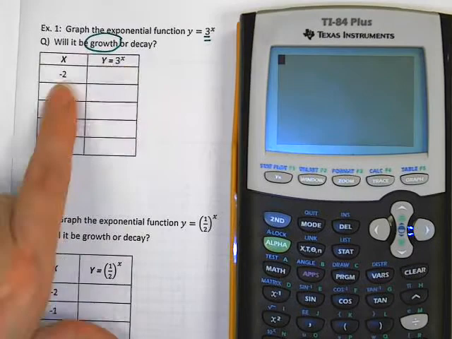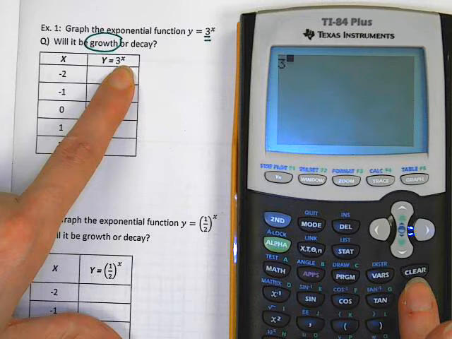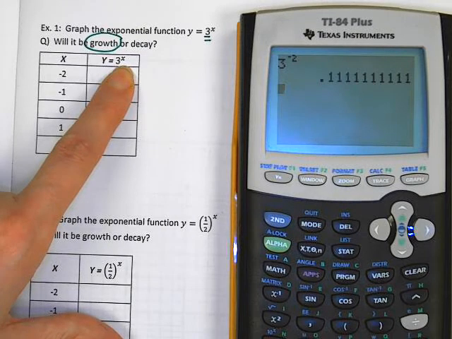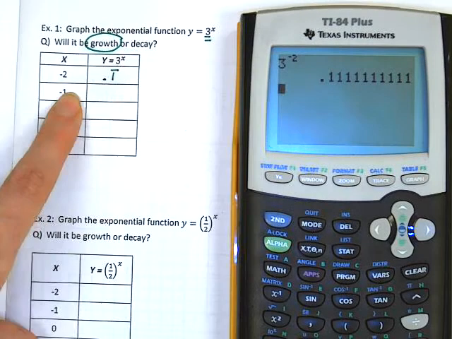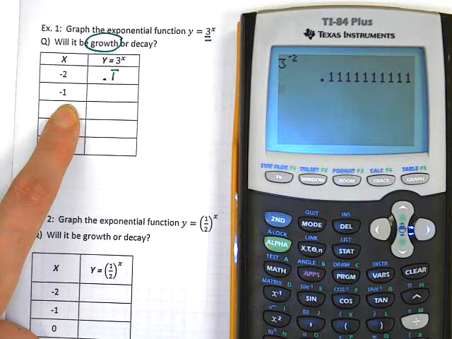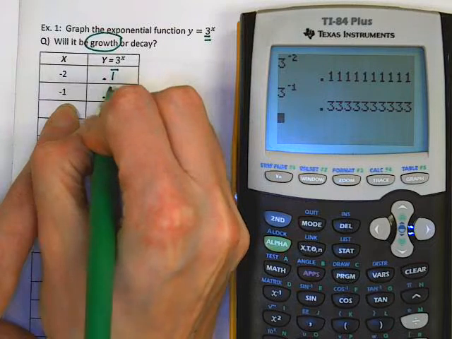Okay, so when x is -2, what's 3 raised to the -2 power? You get 0.1 repeating. What's 3 raised to the -1 power? That's 0.3 repeating.